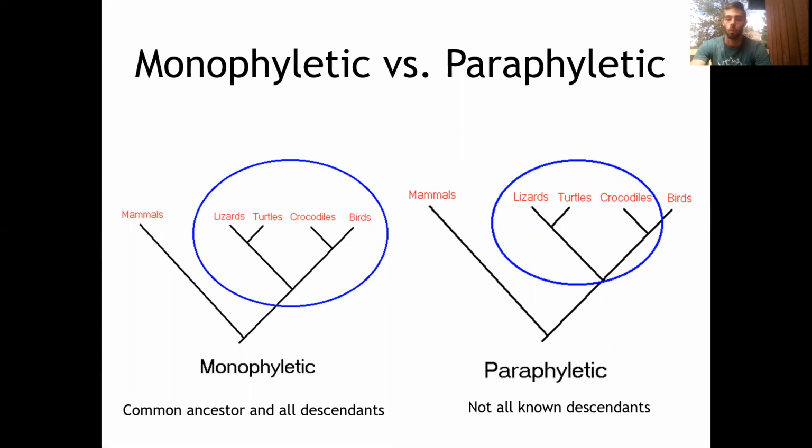And so when we're looking at a phylogeny, we can group things by if it's monophyletic or paraphyletic. Monophyletic means that we're drawing a circle around all individuals that share a common ancestor and everything within it.